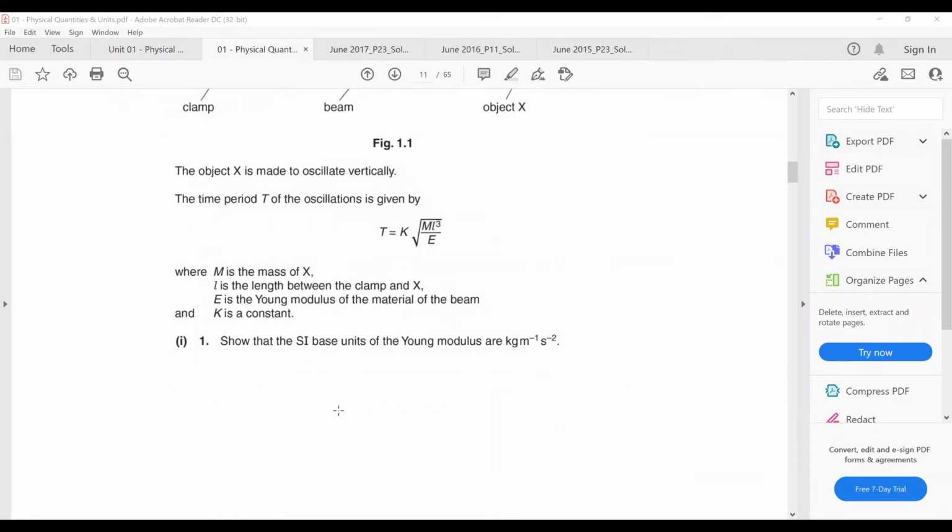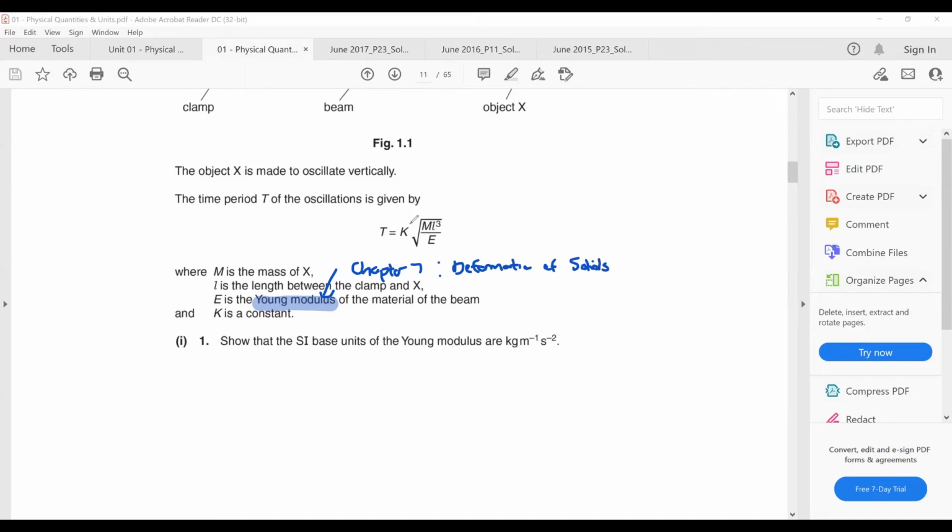Okay. Yeah, I think I know why. Now Young's modulus is another physical quantity, but you will learn it under chapter 7, deformation of solids.